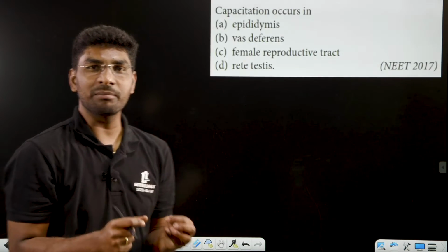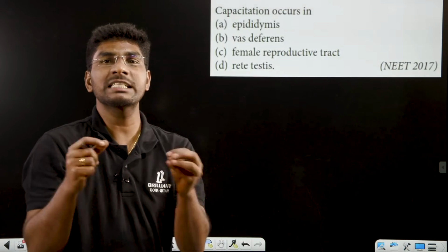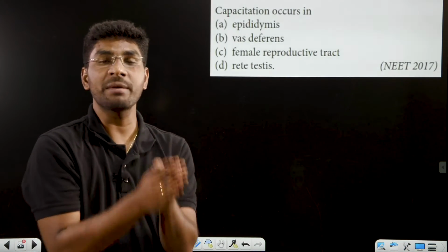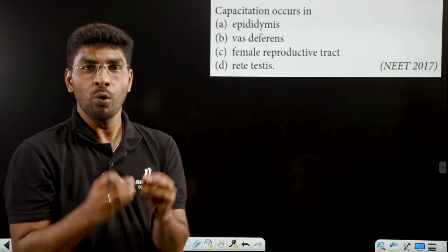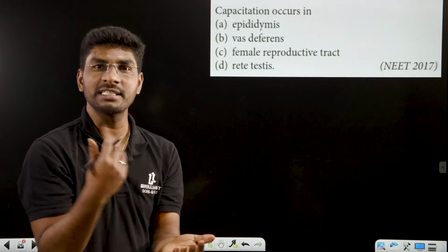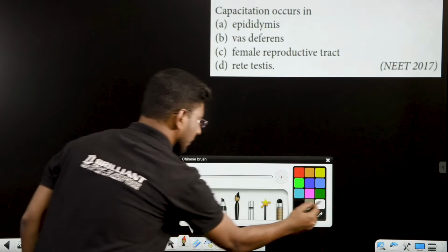Capacitation is nothing but the functional change in the sperm. This process takes place in the vagina or female reproductive tract. Once sperm are ejaculated, that means semen is deposited in the female reproductive tract. Look at here, let me take the sperm.